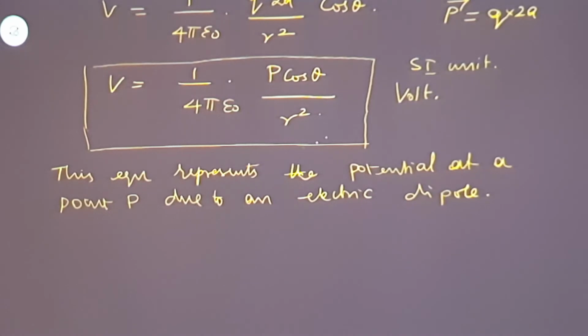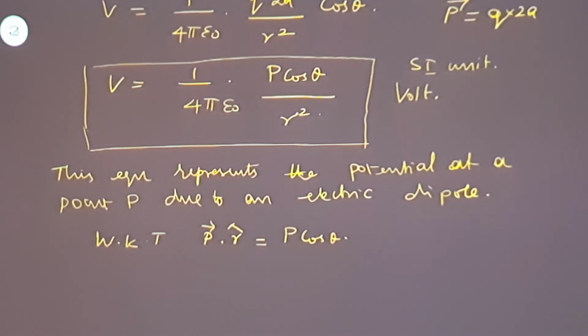This can be written in terms of dot product. See, we know that P vector dot r cap can be written as P cos theta, isn't it? Modulus of P vector is P, modulus of r cap is 1, into cos theta, dot product of two vectors.